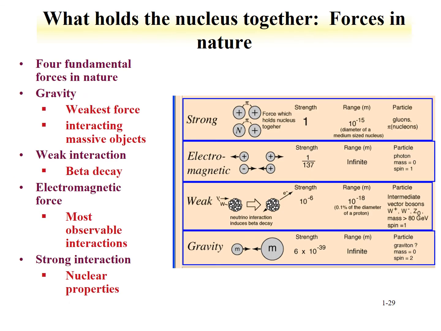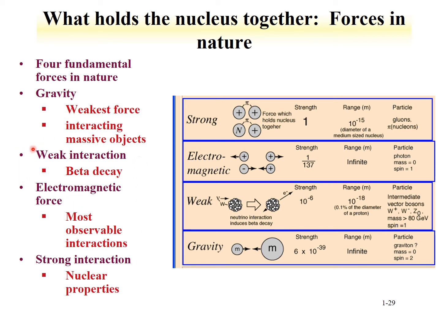For the boundary of the course, we're really going to go up to the forces in nature. In nature, there are four fundamental forces: gravity, electromagnetic, which you likely have seen before, then weak interaction, and then strong interaction.